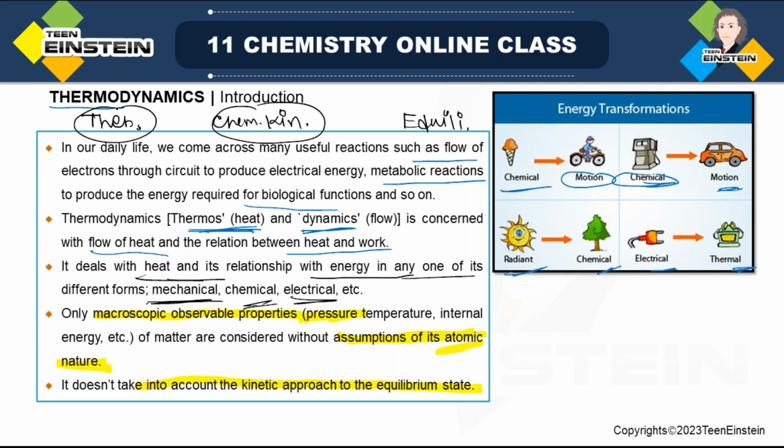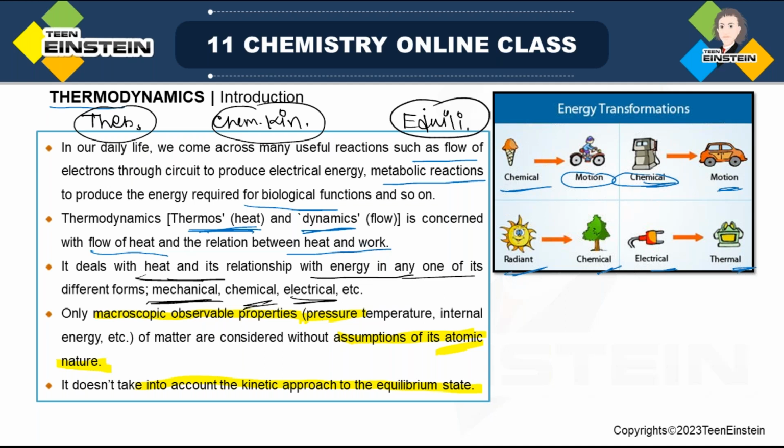Suppose you are moving from state 1 to state 2; it may be a chemical reaction, or any other change, a physical change also. It is all about whether it is possible or not. So it is about the possibility. It has nothing to do with how fast we can reach the equilibrium state. So thermodynamics is all about possibility. Then chemical kinetics is all about how fast we can reach the equilibrium state.